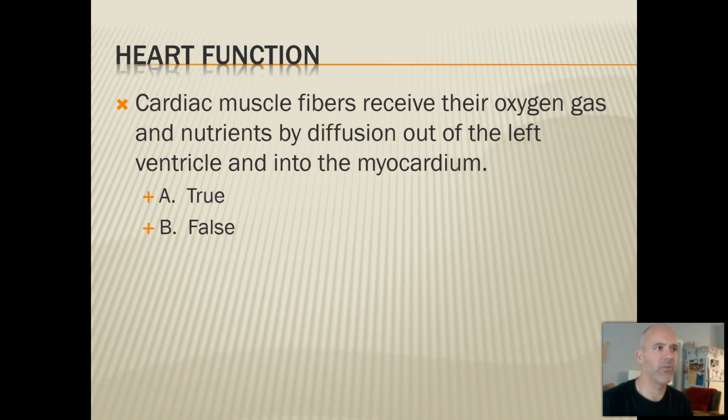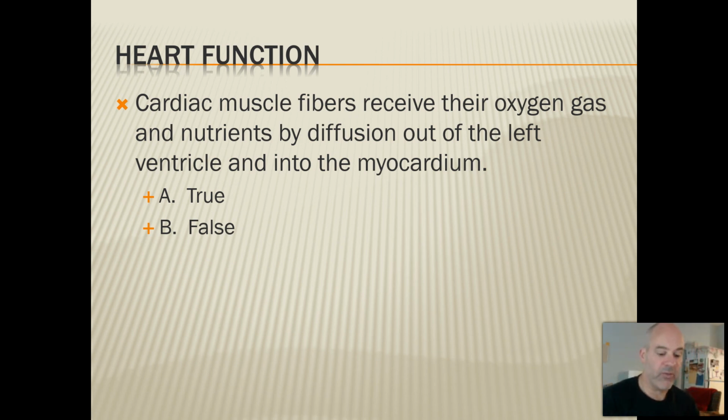All right, cardiac muscle fibers receive their oxygen gas and nutrients by diffusion out of the left ventricle and into the myocardium. Where do your cardiac muscle fibers within the wall of the heart itself, in the myocardium, get their oxygen and nutrients? Is it just diffusing out of the left ventricle? Left ventricle's got lots of oxygenated blood in it.